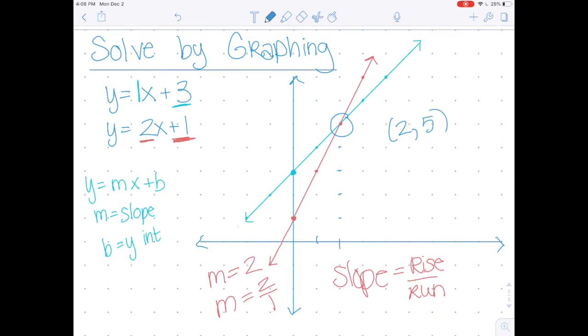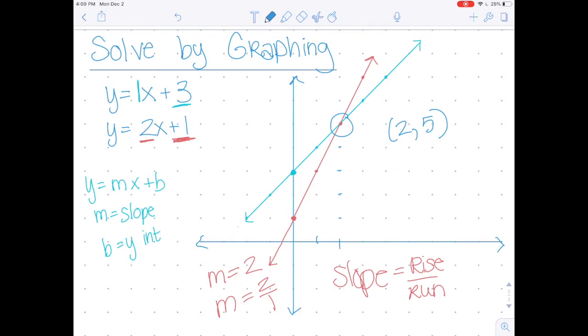So that point is 2, 5, and that is the solution to the set of linear equations, or the system of linear equations. And that is how we find solutions by graphing. You just check where the two lines cross each other. If the two lines never cross, we would say no solution. So that is solving by graphing.